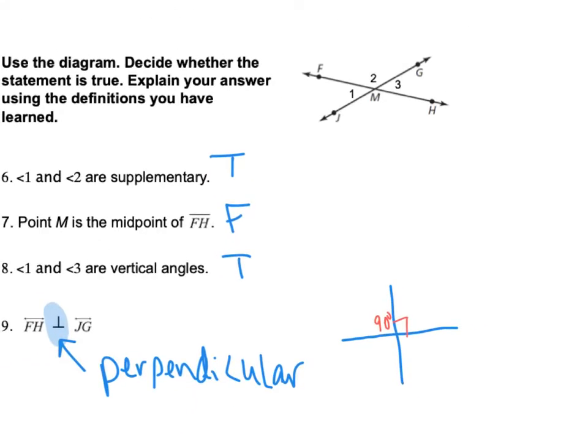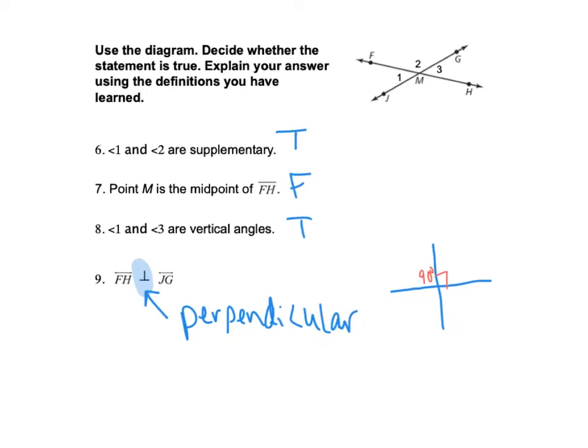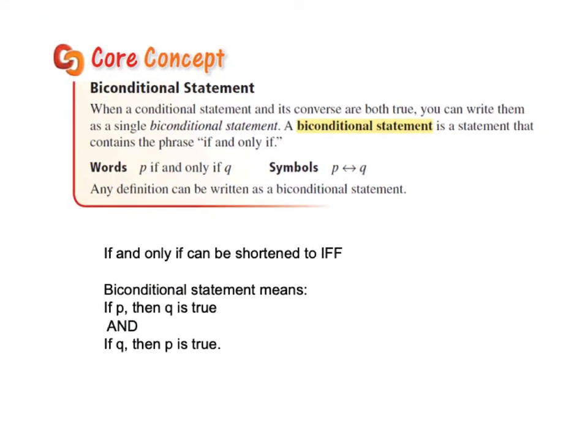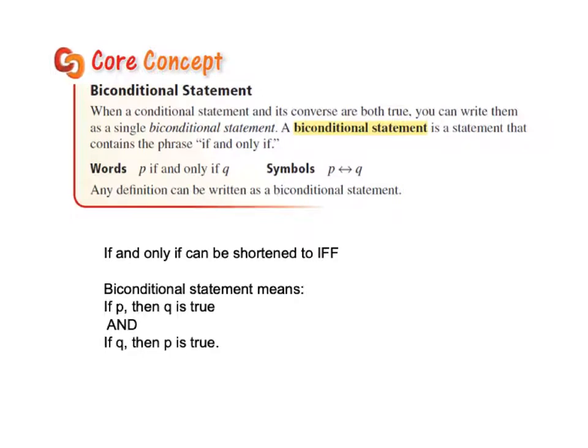If you look at this diagram, there's neither of those things, and you can also tell by looking that they are not perpendicular. They don't meet at a right angle. Even if it looked like they did, if they don't have either the 90 degrees or the little red square, you cannot assume that is true. So that is false.